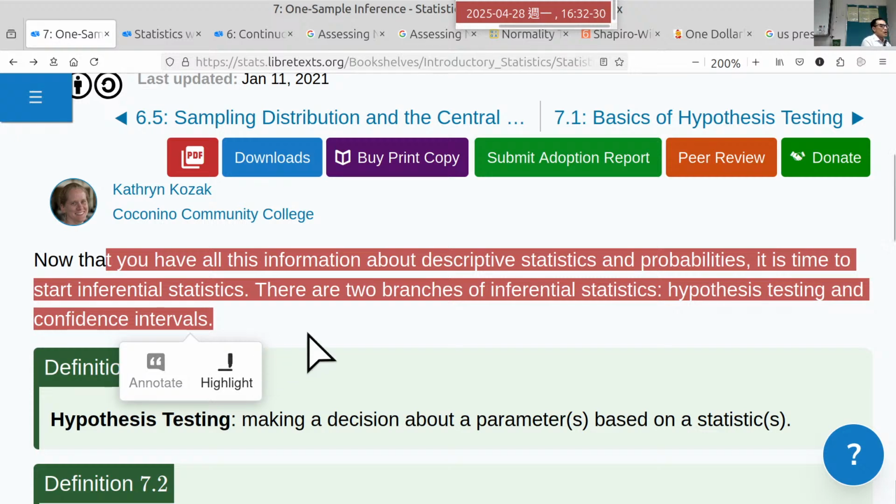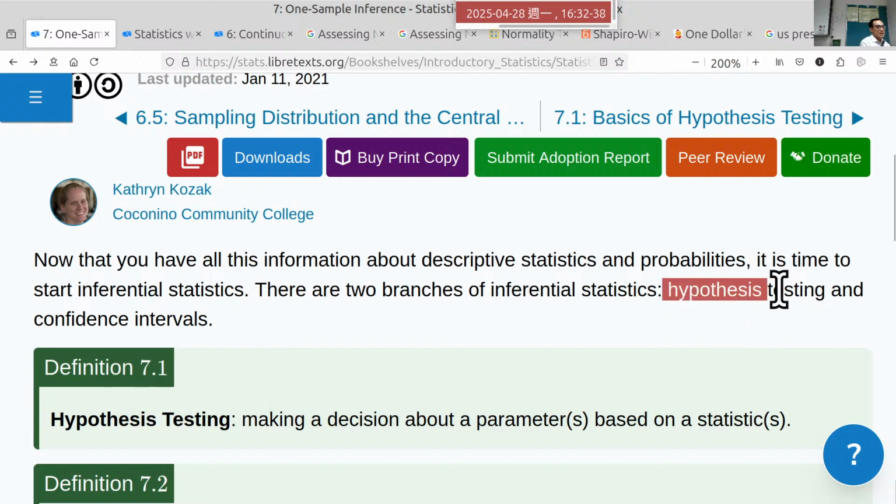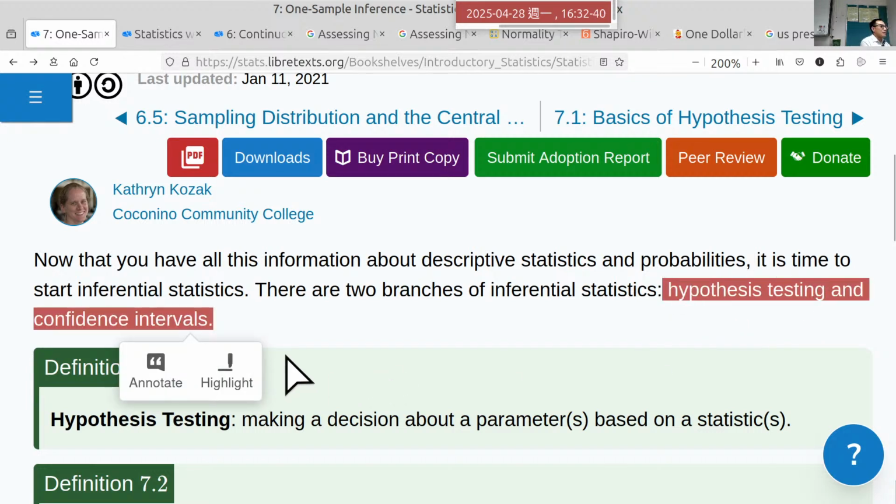There are two branches of inferential statistics: hypothesis test and confidence intervals. There are two branches, and there are important components of each.